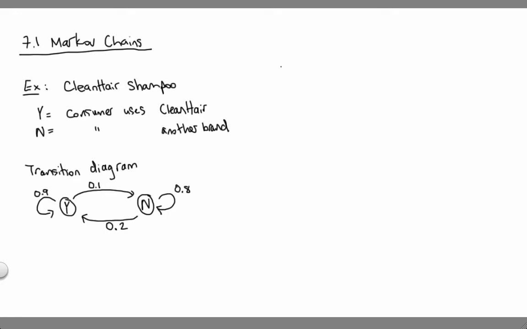So let's write an interpretation of at least some of this information, just to make sure that we're comfortable moving from the diagram into wording. So we could say 90% of Clean Hair customers, or consumers, whatever you want to say there. Let's say 90% of Clean Hair consumers will buy it again.